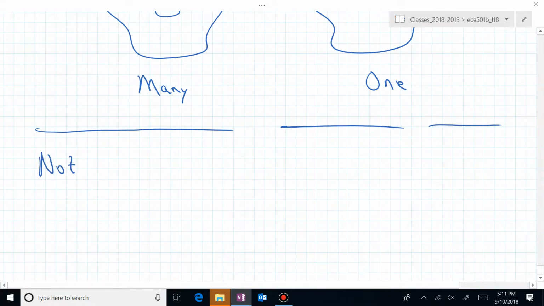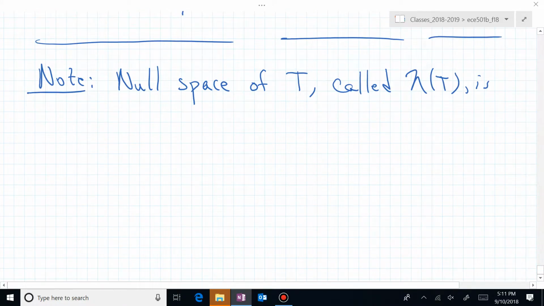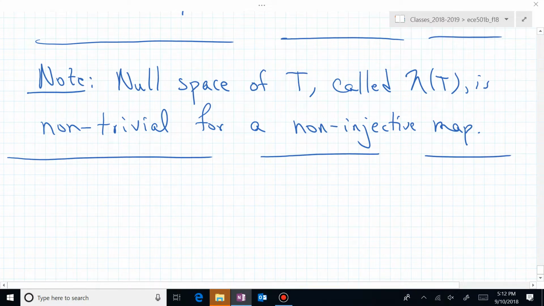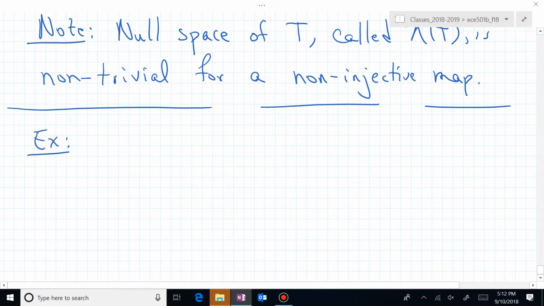So note, a null space of T is non-trivial for a non-injective map. Example. Suppose T has a non-trivial null space.